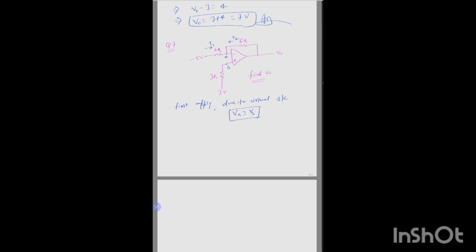And we know that there is no current flow inside the op-amp terminal. Hence voltage VB equal to 3 volt. That is VA is equal to VB is equal to 3 volt.